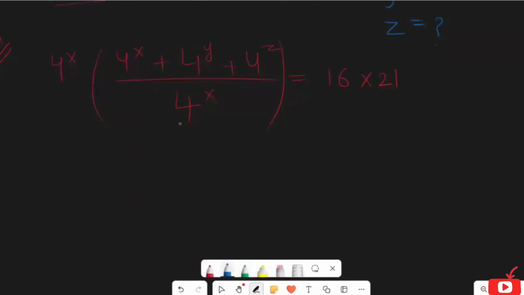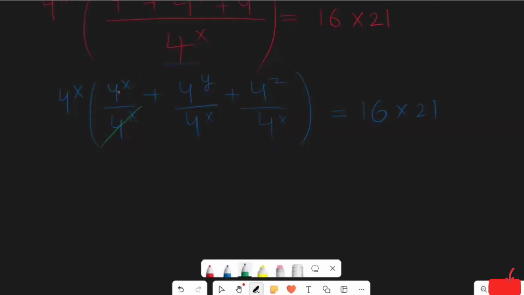If you can see, this 4 to the power of x is dividing each numerator. So I am going to write 4 to the power of x, bracket, 4 to the power of x plus 4 to the power of y plus 4 to the power of z, divided by 4 to the power of x, is equal to 16 times 21. Now this 4 to the power of x and this 4 to the power of x get cancelled.